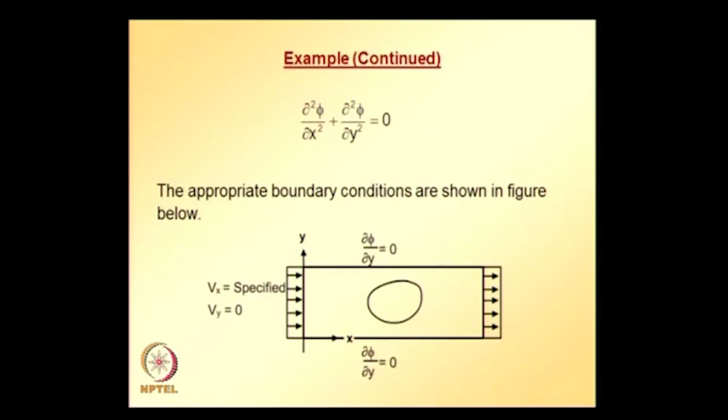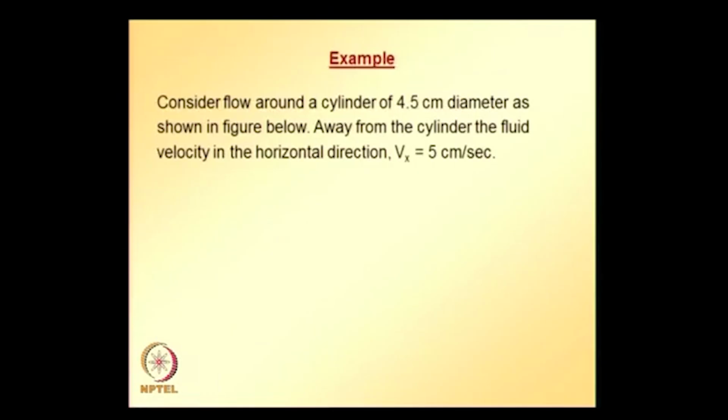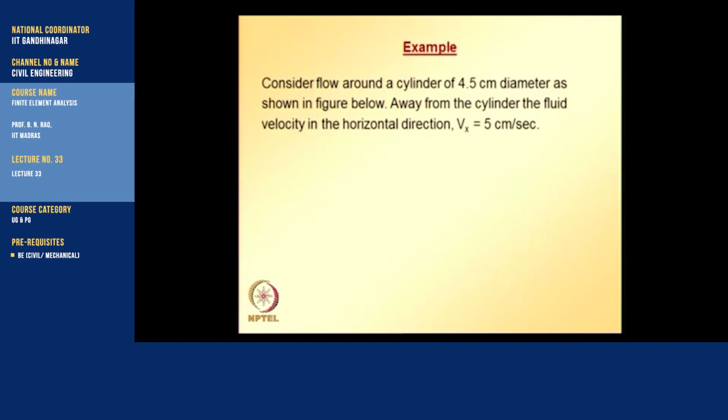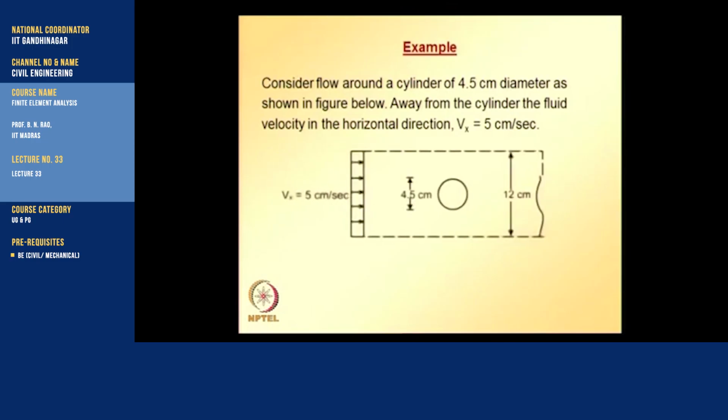So, we can redo the problem that we already did, using the potential formulation, and let us look at the problem statement for the problem that we already looked at. Consider fluid flow around a cylinder of 4.5 centimeters and Vx is 5 centimeters per second.